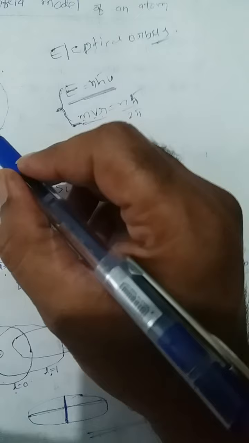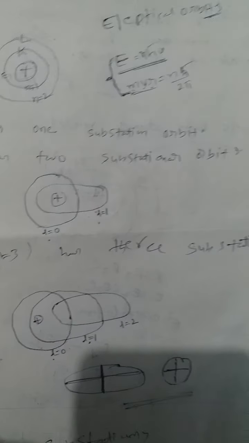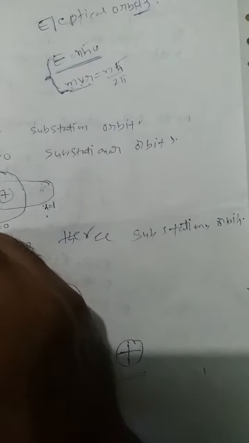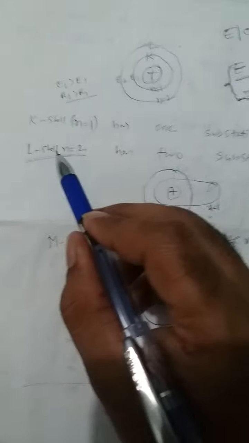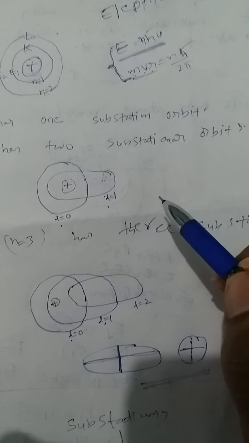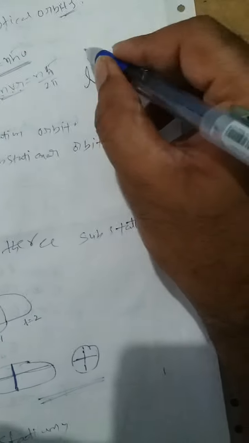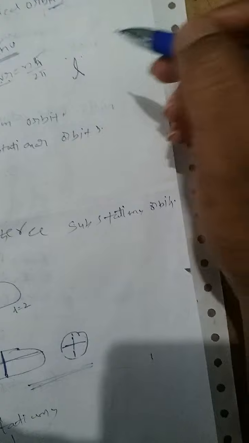That is, n equal to 1, the K shell, has one sub-stationary orbit, and n equal to 2, the L shell, has two sub-stationary orbits. The sub-stationary orbits are denoted by the letter l.